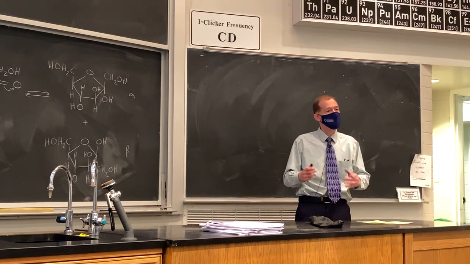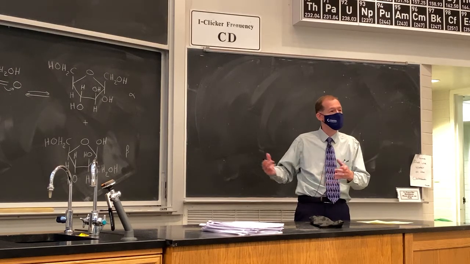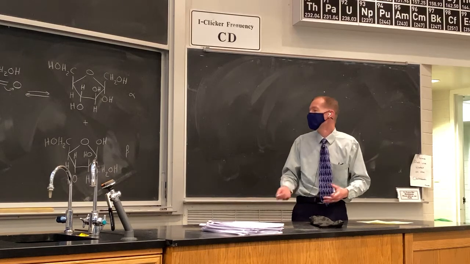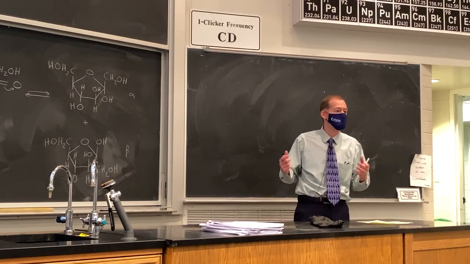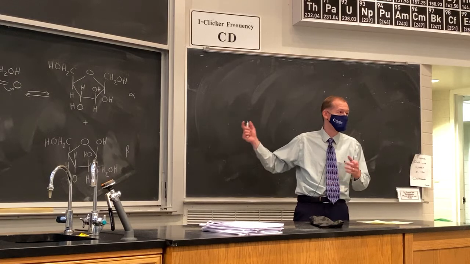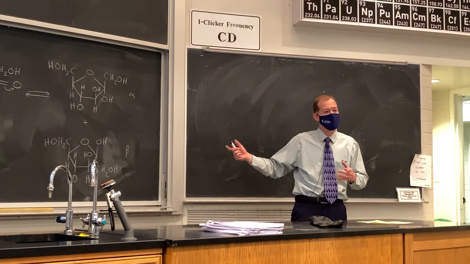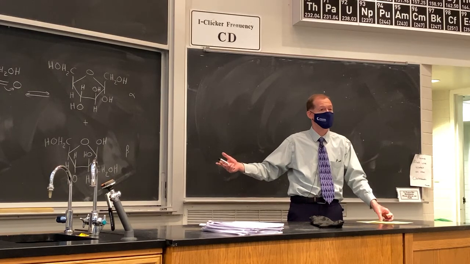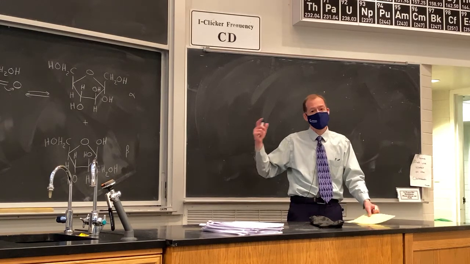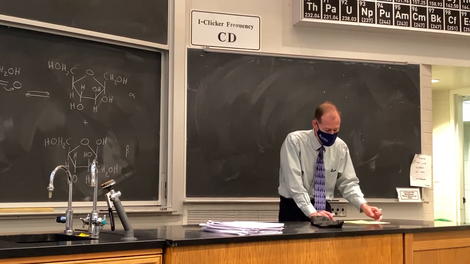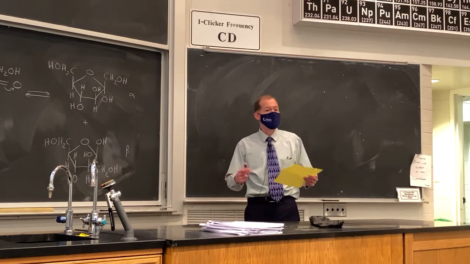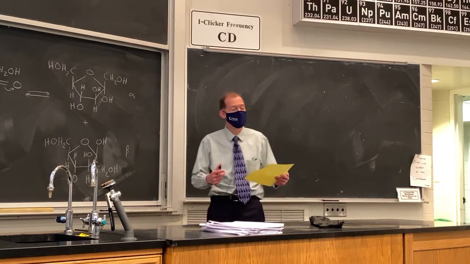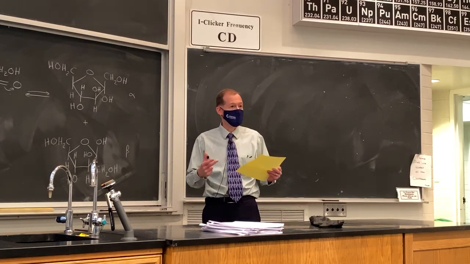But if you are seeing fructose as part of a polysaccharide or a disaccharide, which we'll talk about starting on Wednesday, you'll see it in the 5-membered form. So we'll typically draw the 5-membered form, the furanose form, even though it's slightly less stable than the 6-membered form. Any questions? All right, so make sure you practice this.